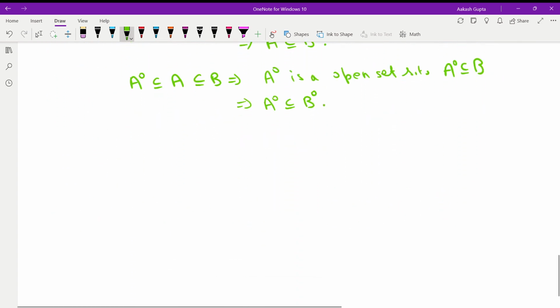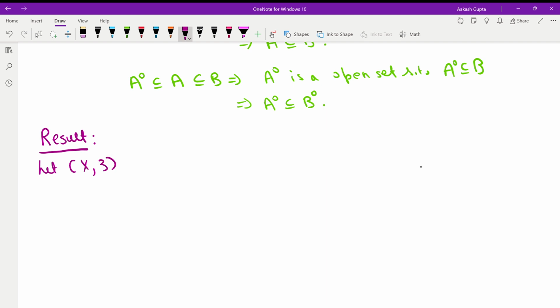So let me have a result. This is something very important. Let X, tau again be a topological space, and A contained in X. We have given you the definition of A closure, but it's a bit abstract.